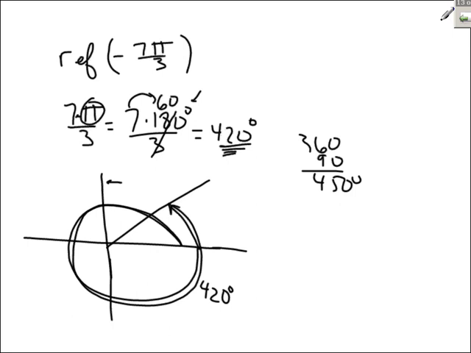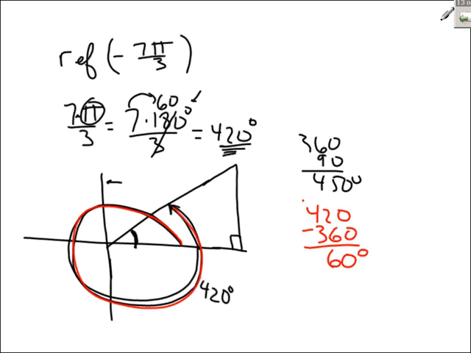Now, the question is, what's our reference angle? Draw the triangle to the x-axis. What is this angle right here? Well, we went 360 degrees, and then we went some more. If I take the 420 and take away the 360 degrees, I'll see how much more I went. I went 60 degrees.